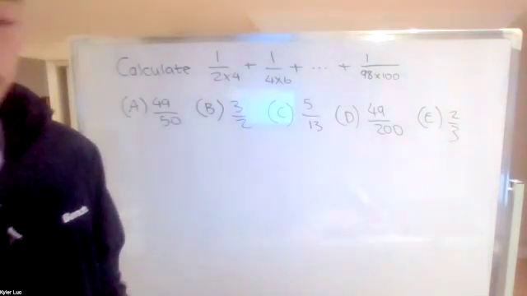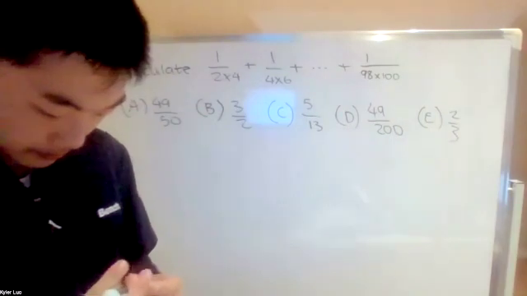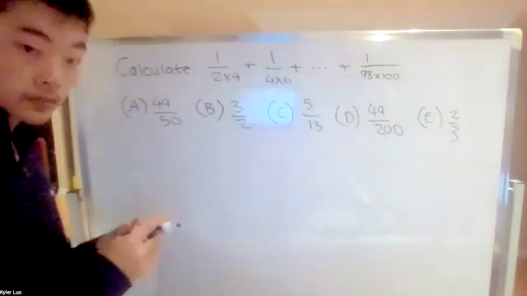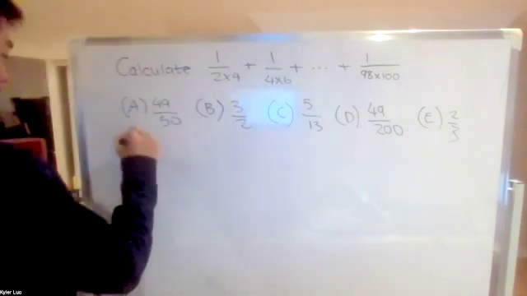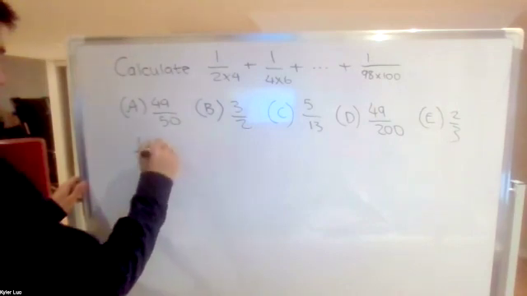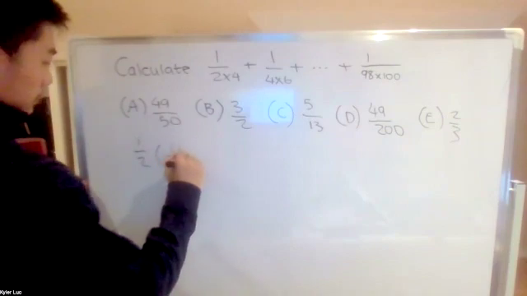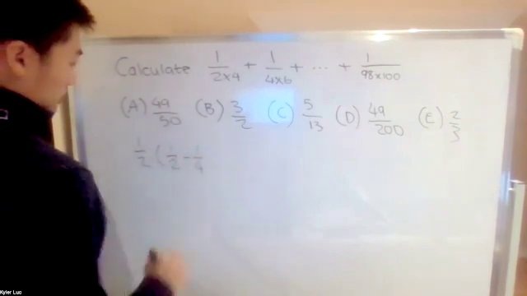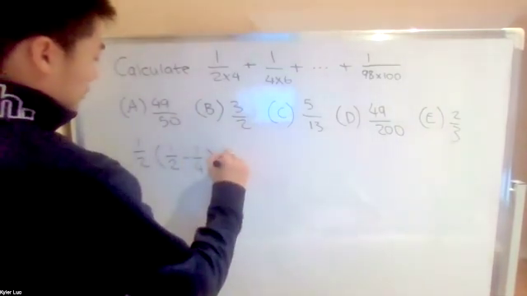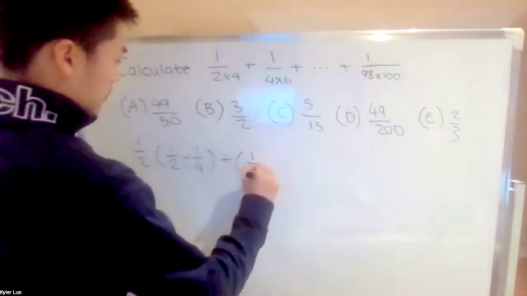I'm going to announce all the steps. First, we can write 1 divided by 2 times 4 as 1 over 2, then in brackets times 1 over 2 minus 1 over 4, and then close the bracket, plus in brackets 1 over 4 minus 1 over 6.